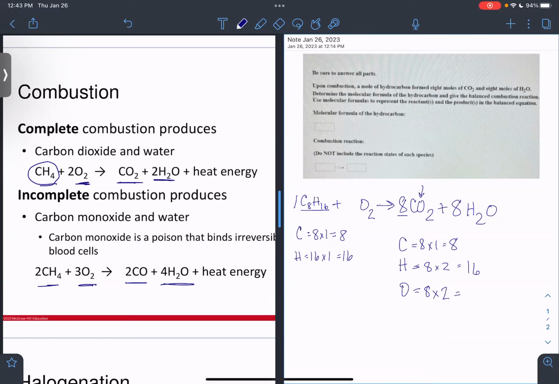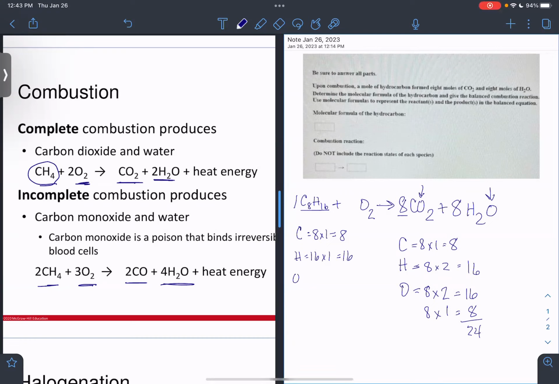So that is another 16 of oxygen, but you also have oxygen here in water. So you have 8 molecules of water, and for every molecule of water, you have 1 atom of oxygen, so that's 8. So the total for oxygen is really 16 plus 8, and that is 24.